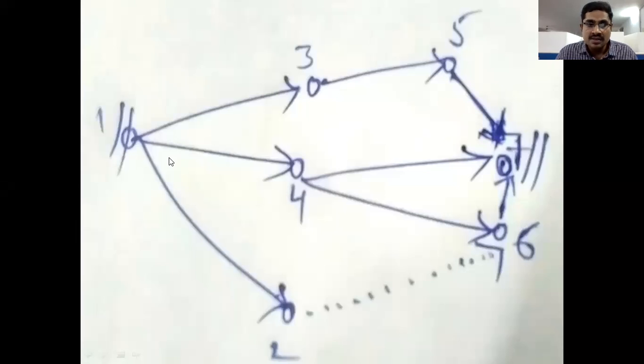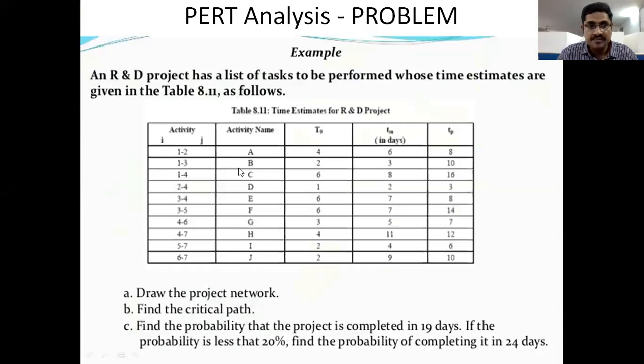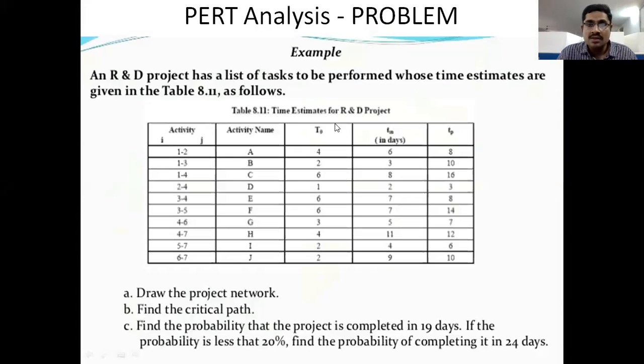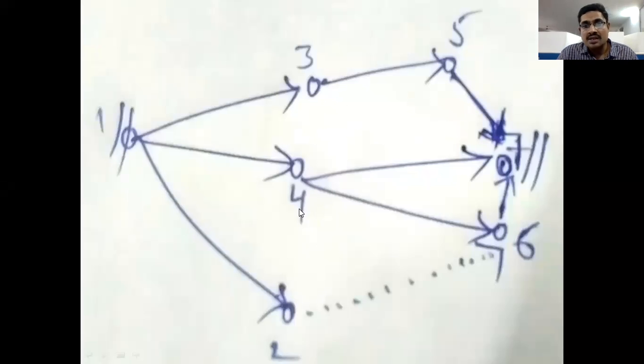Okay guys, so next, 2 to 4, just connecting these two points using an arrow, right? And 3 to 4, just connecting these two nodes using one arrow. Next, 4 to 6. This is the 4th activity and this is the 6th activity, connecting these two using this arrow.